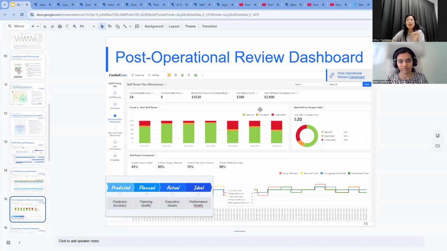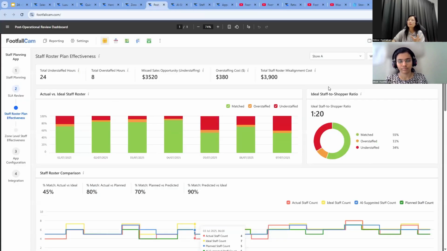This is the post-operational review, where the concept of the ideal staff number comes in. It is a retrospectively calculated ideal staff to shopper ratio. It is calculated based on that actual day: the actual number of intended buying groups who came into your store, the level of unmet demand, and the real-world constraints that happened during that week.